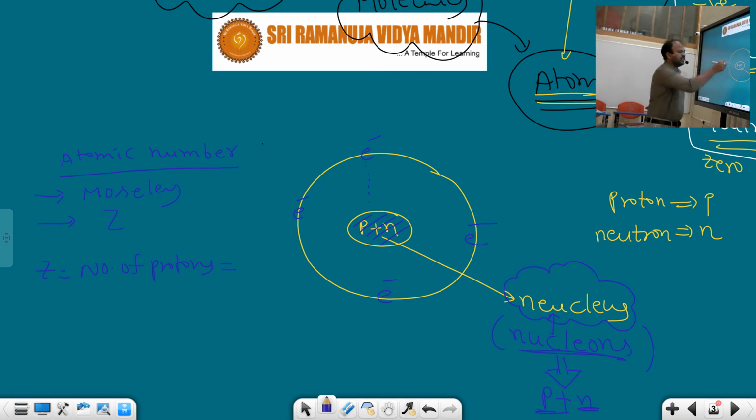Electrons always revolve around the nucleus. So the number of protons present inside the nucleus is exactly equal to the number of electrons revolving around the nucleus.